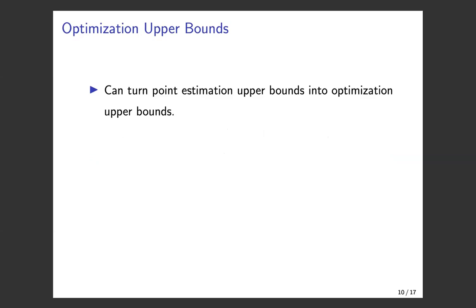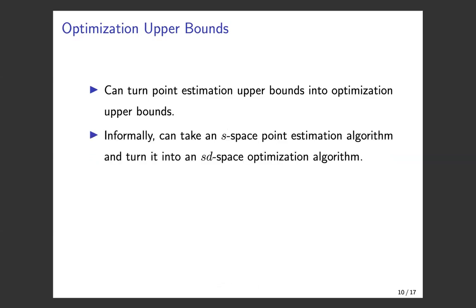Okay, so in particular, given an upper bound for point estimation, you can turn it into an optimization upper bound by, well, I don't have time to go into detail, but basically using a standard net argument, you can take a point estimation algorithm with space S and turn it into an optimization algorithm with space S times d.